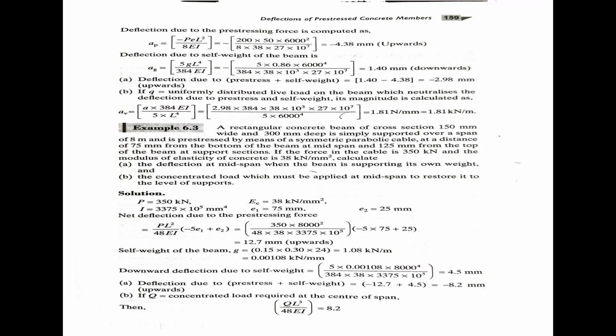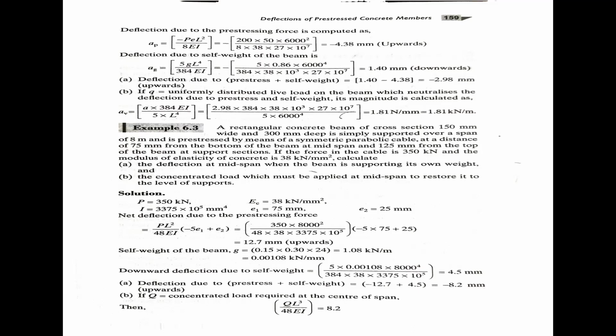If the force in the cable is 350 kilonewtons and the modulus of elasticity of concrete is 38 kilonewton per mm square, calculate the deflection at mid span when the beam is supporting its own weight, and the concentrated load which must be applied at mid span to restore it to the level of supports.